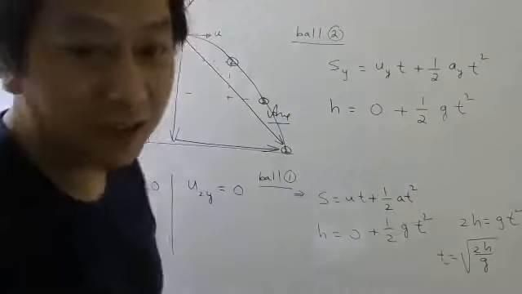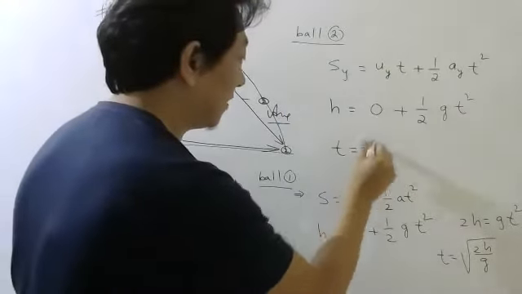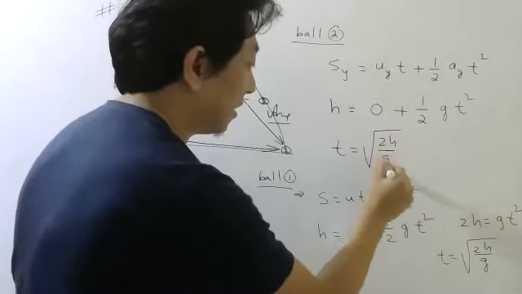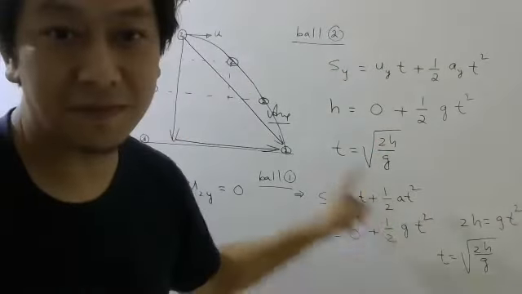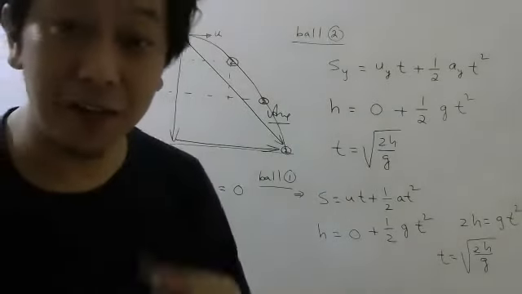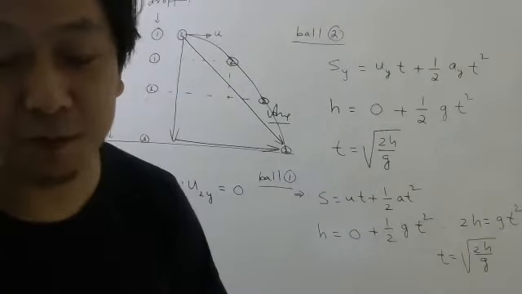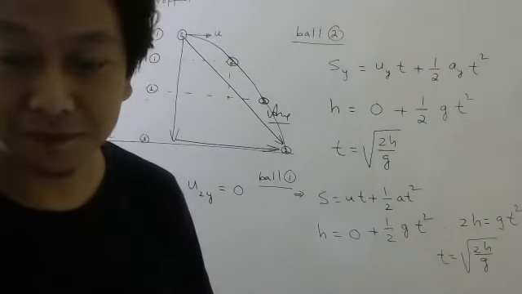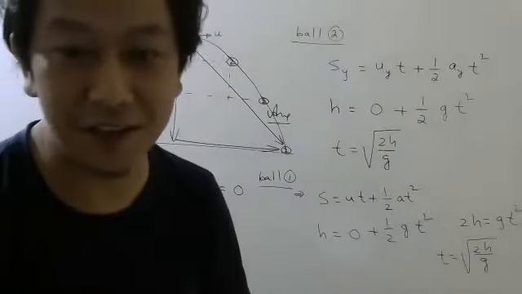Cross multiply and rearrange. What do you get? Same time or different time? Same time. So this is what, after teaching you the concept, you people are not thinking properly. You want to answer fast.